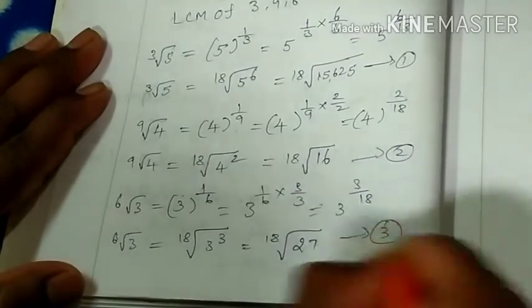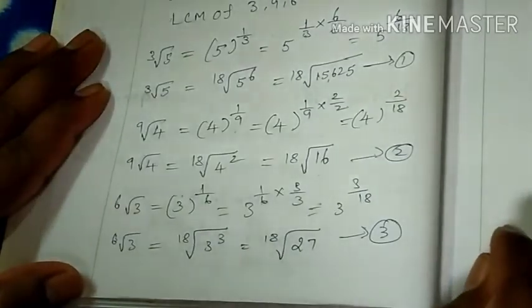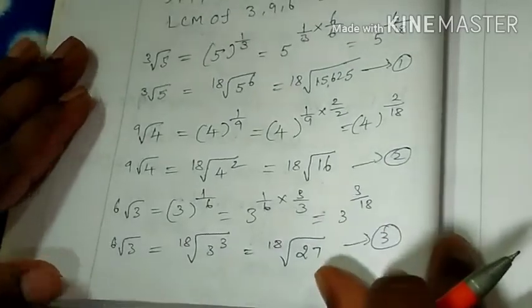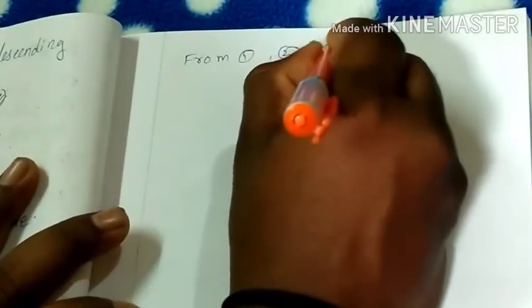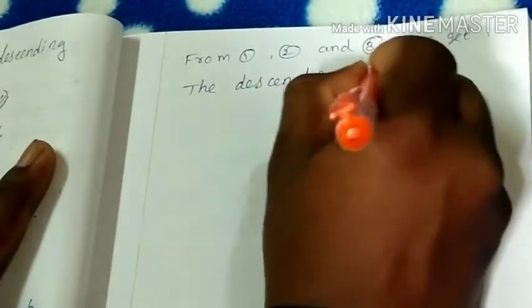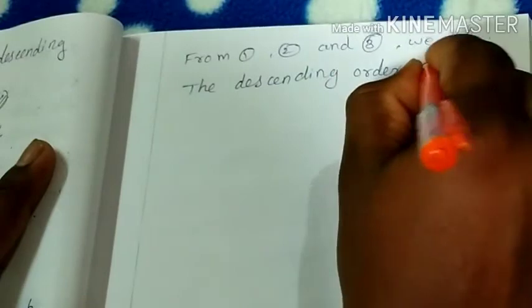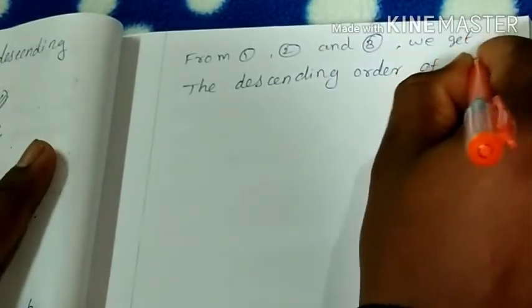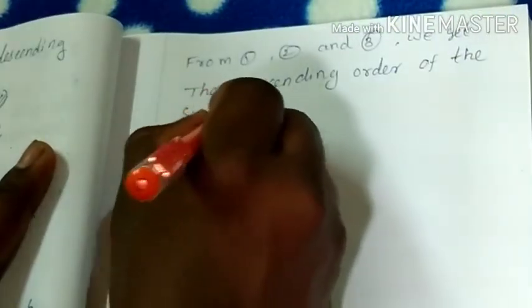From 1, 2 and 3 we get the descending order of the sets.